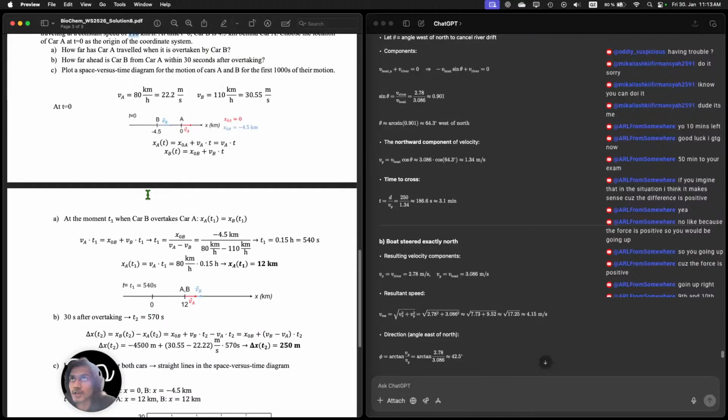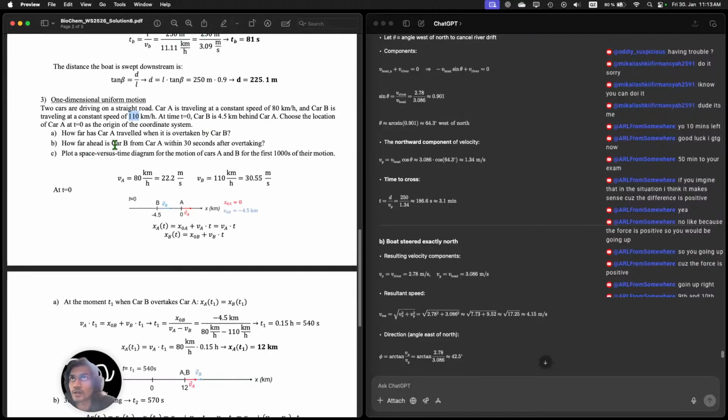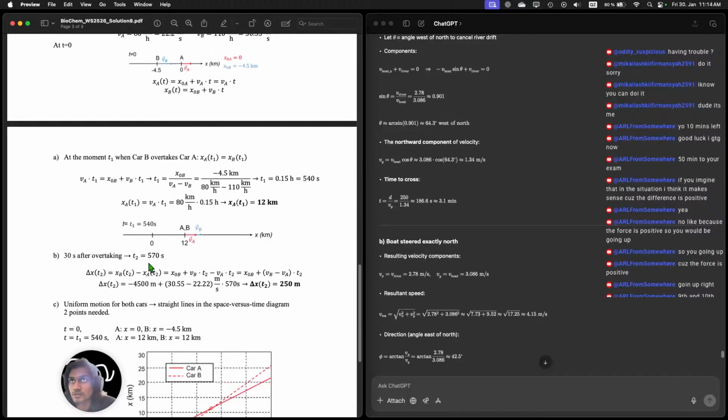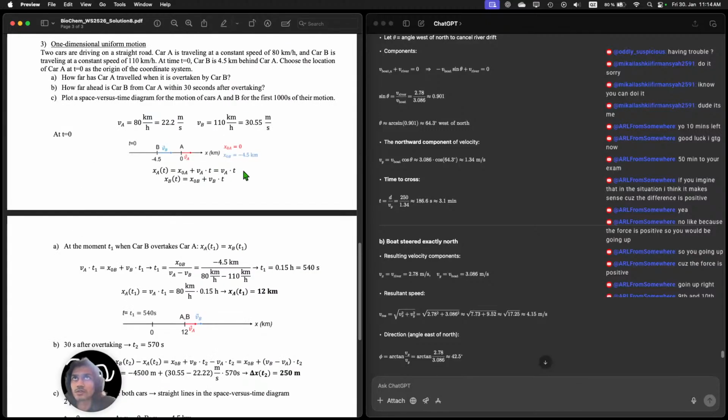30 seconds after overtaking, how far ahead is car B from car A? T is equal to 30 seconds. I mean, you could just multiply, right? 30 seconds, meter per second, or is it kilometer per hour?